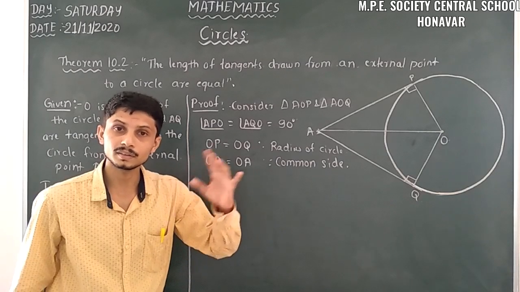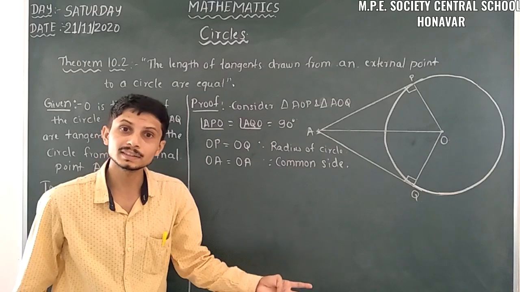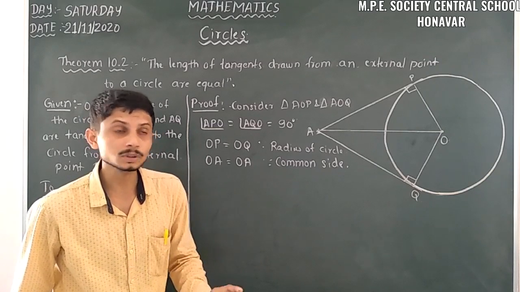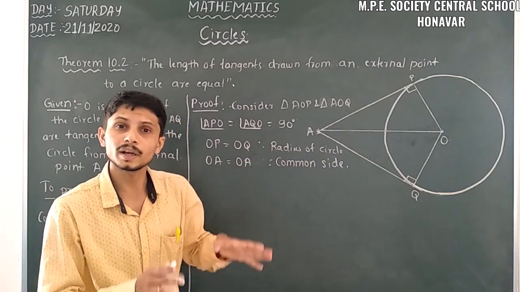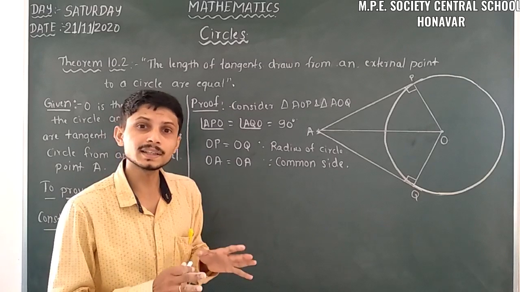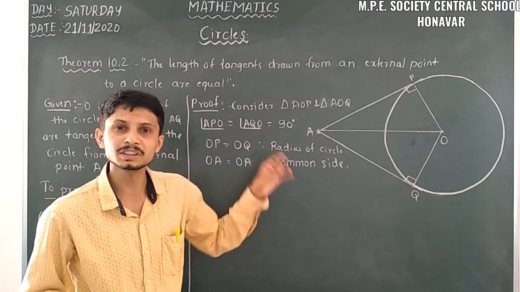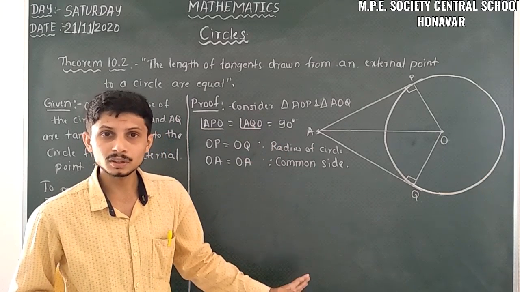So here we have three equalities. In triangles we learned only about similarity, where corresponding sides are proportional. But just observe, these two triangles look like one and the same, completely the same. That's why we have to take the congruency. Congruency means completely equal: sides also equal, angles also equal.